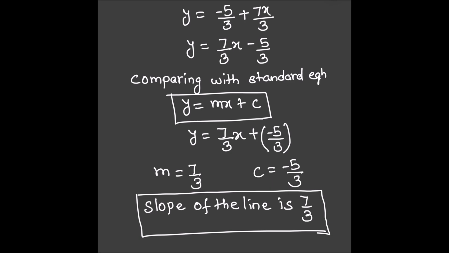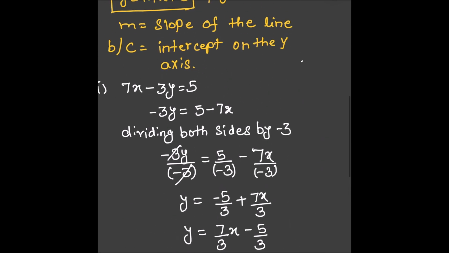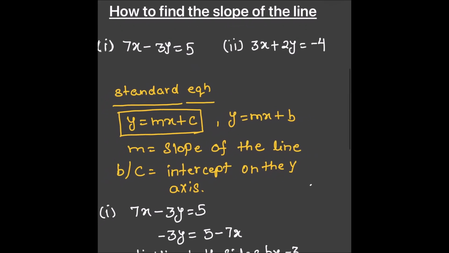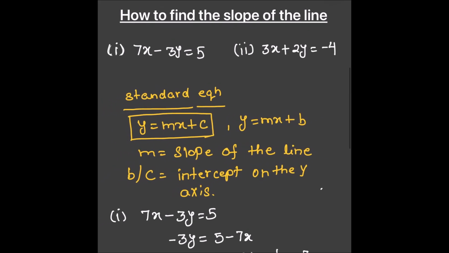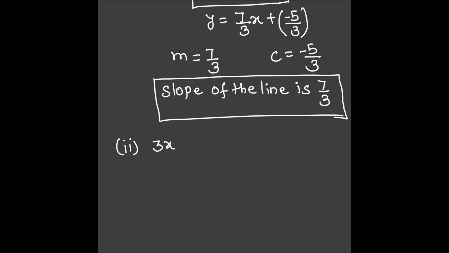Now let's find the slope for the other equation which is given to us, which is 3x plus 2y equals negative 4. Here too we'll make the equation the same as the standard equation, which is y equals mx plus c. So we'll move the constants and the variables to the right hand side, leaving only the y variable on the left hand side.